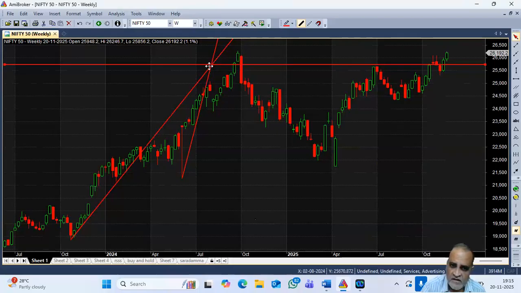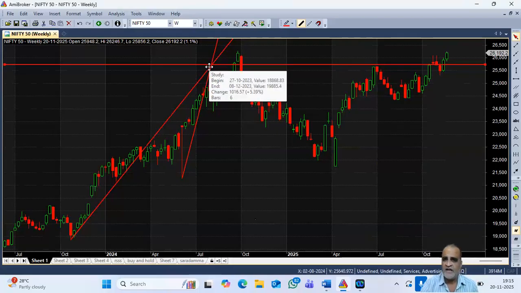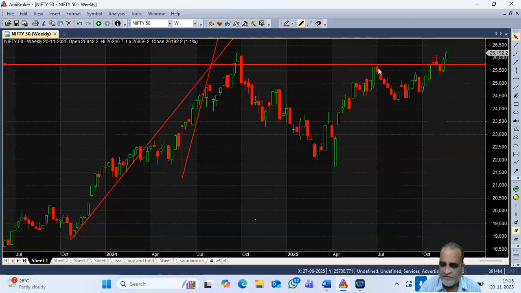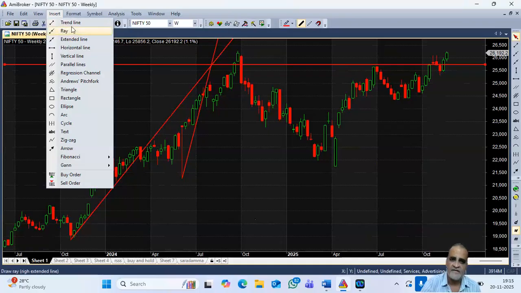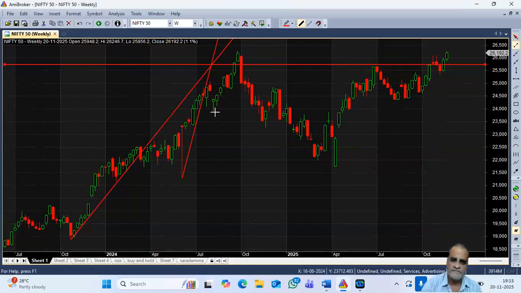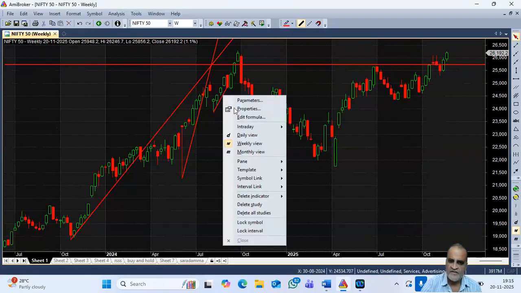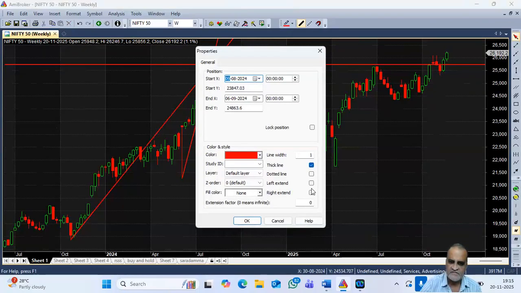When was this? 23. And this is 25. See. And again, we have another trend line. We will draw another trend line here. I will extend it, right.